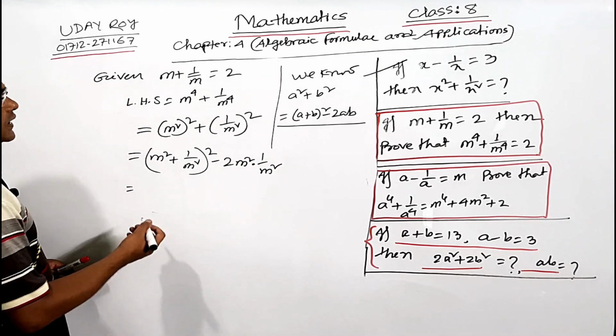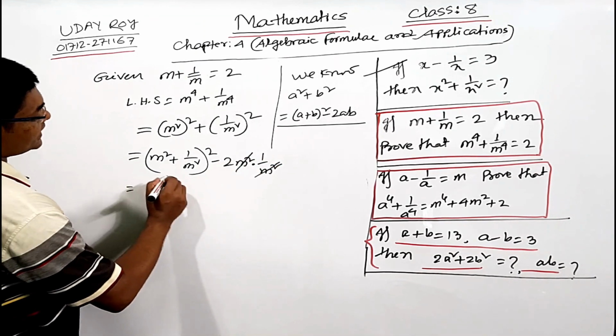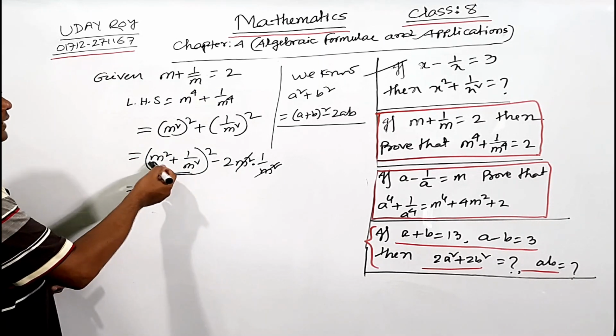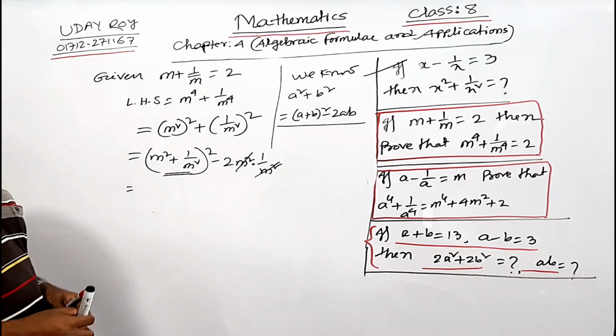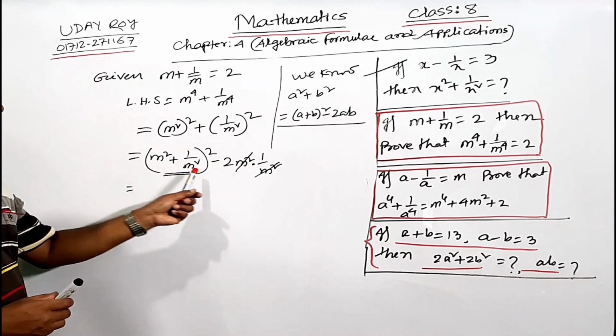Now here is m square, 1 by m square. We can see here is m square plus 1 by m square, m square plus 1 by m square whole square. So here is a square plus b square again.